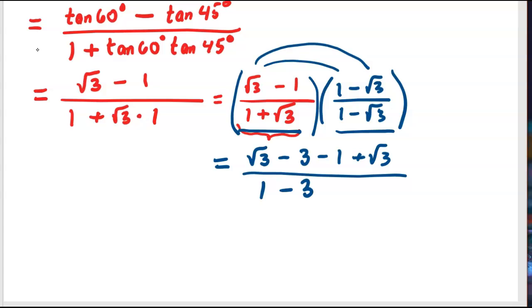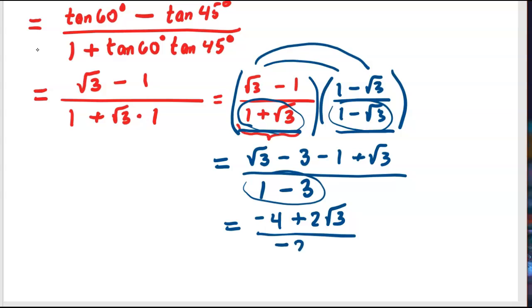So every time you multiply a radical expression times its conjugate, the radicals cancel out, which is the goal. So now I have negative 3 minus 1. So I have negative 4 plus 2 root 3, because 1 root 3 plus 1 root 3 is 2 root 3, all over negative 2.